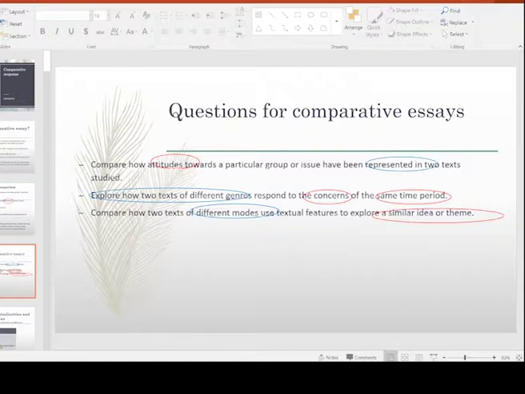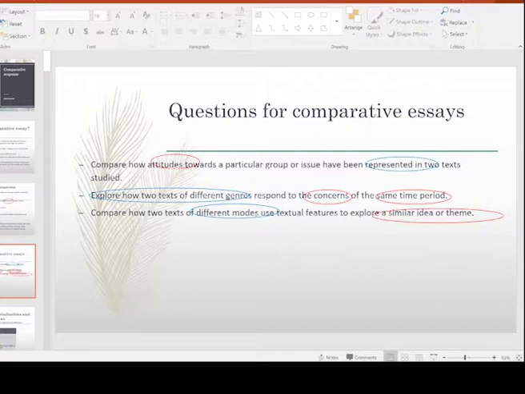The concerns of those time periods was that we are treating refugees or poor people or people that have less as less than human, as we're treating them with less respect than we do people that have more. So then it says two different genres. So clearly Exit West is a narrative and a novel, and most of you are doing a visual text, so you just have to make sure you cover the differences in the genres. You have to talk about the conventions.